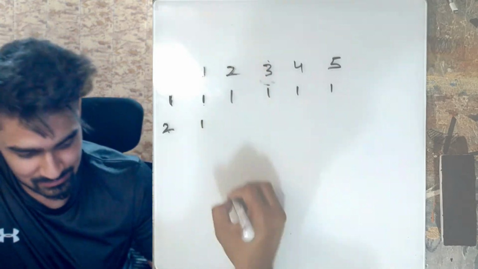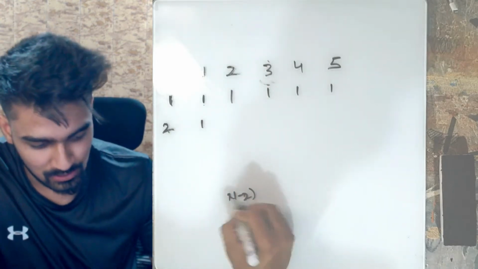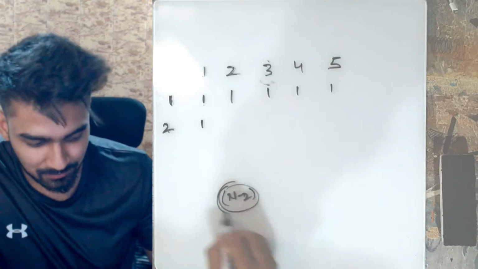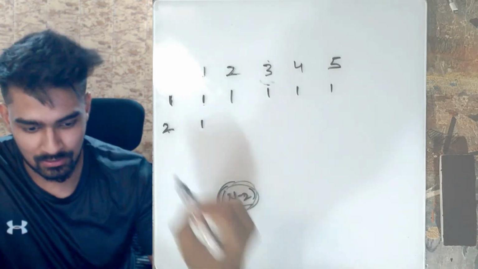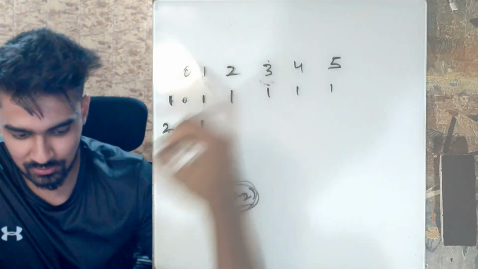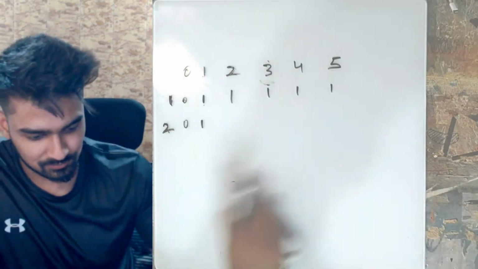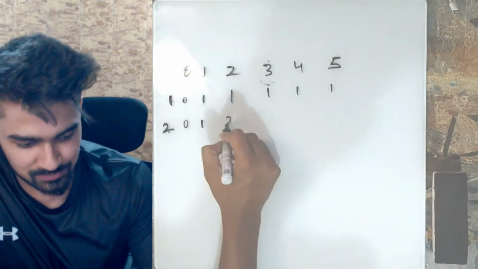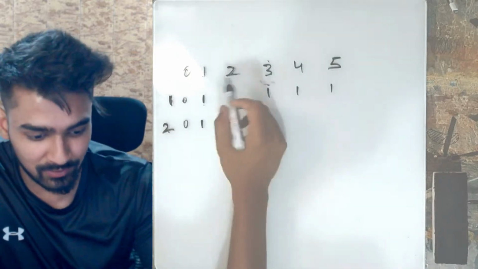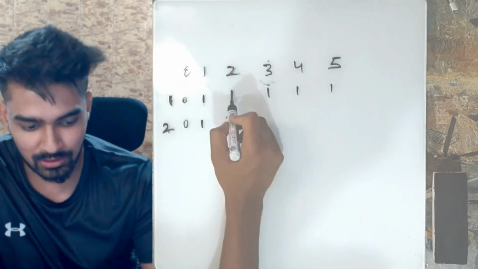So if this is n, let's say, and if you're taking 2, you need to see the number of ways of making n minus 2. For 0, we have 0 only. So if you see for 2 now, this becomes 2. The reason for this is because there is one way using 2 and one way was already present.